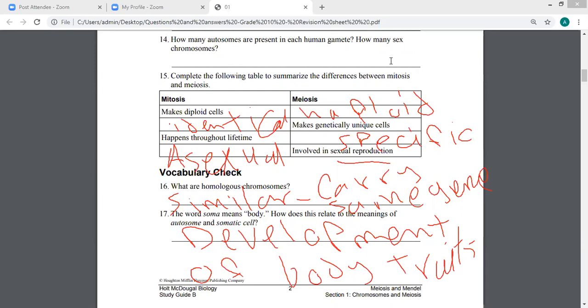Autosomes direct the development of body traits, not the sex of the human. To identify the sex of any person, you must know its sex chromosomes, if it is XX or XY. That's the meaning of question number 7. If you don't understand number 7, tell me to repeat it and explain it again.